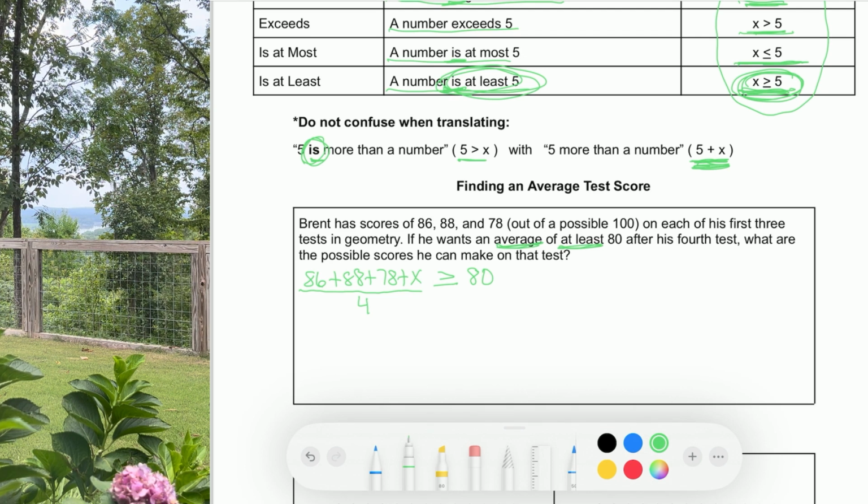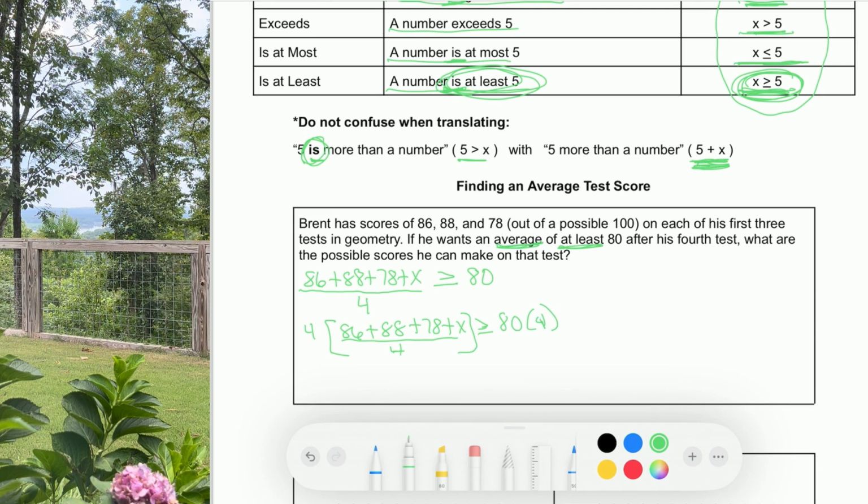Now let's work towards solving the problem. I'm going to multiply both sides by 4 because I want to get rid of that 4 in the denominator. So I'm going to rewrite that: 4 times 86 plus 88 plus 78 plus x over the 4. If I do that on that side, I need to do it on the other side. Okay, so remember, if I multiply on one side like that, I need to multiply on the other side.